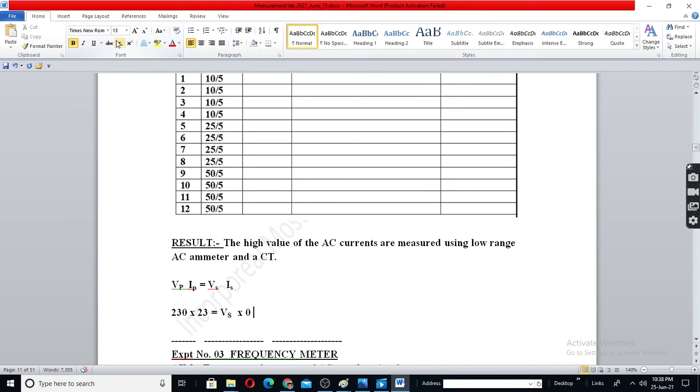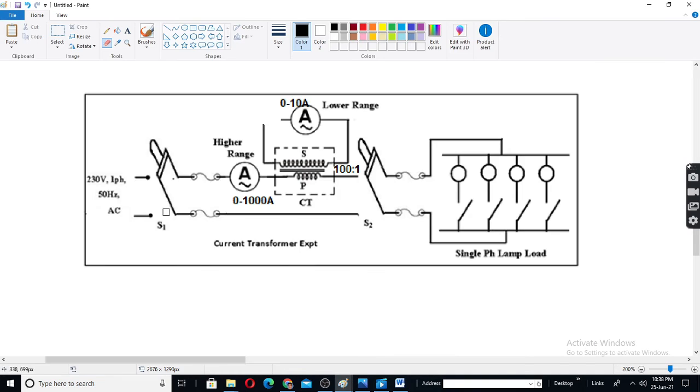Otherwise, IS will be according to the turns ratio. If it is 10, IS will be equal to 2.3, and VS will be equal to 2300. Sorry, it is not actually 2300. That we will see later. Of this 230 volts, 229 volts will be impressed on the load.